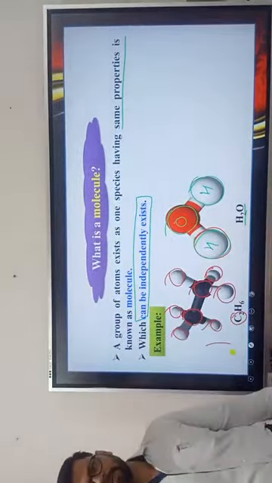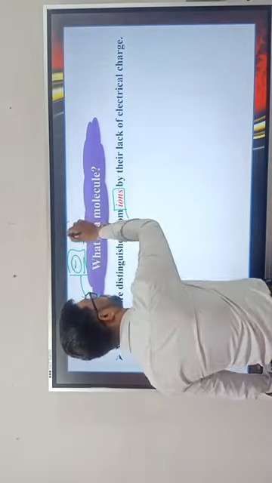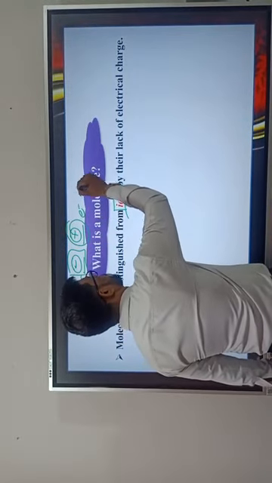Okay, right? Now the molecules are distinguished from ions. Ions are different. What is meant by an ion? An ion is a species having either a negative charge or a positive charge. Now, what do negative and positive charge indicate? A species represented by a negative charge is electron rich, and a species having a positive charge is electron deficient.